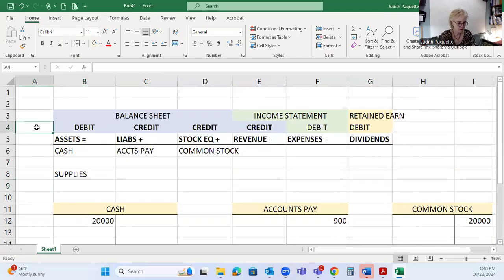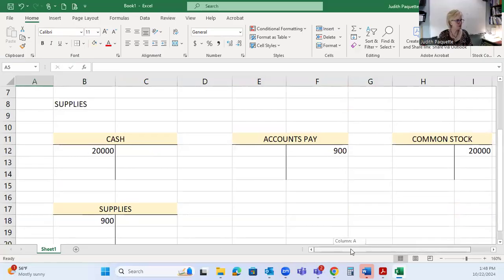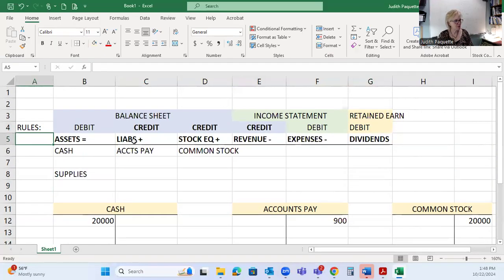How do you increase these accounts? Well, if you're an asset, you debit. If you're a liability, you credit. Okay, now I understand what that means. It's like, what does she mean when she asks these crazy questions? All right. So supplies went up, an asset went up, so we had to debit it. A liability also went up, but it's a liability, so we have to credit it. We followed the rules.